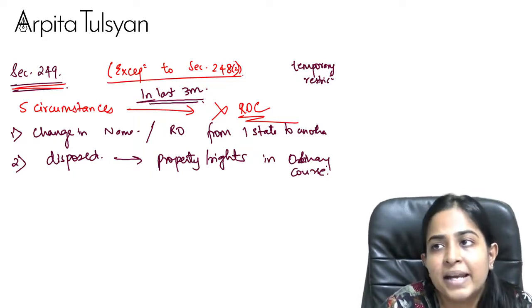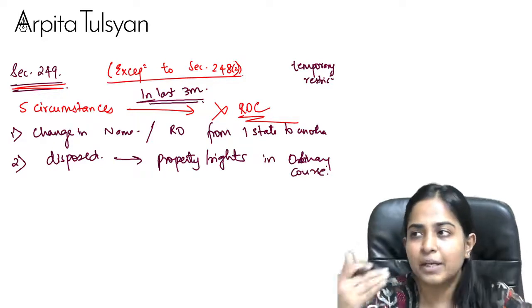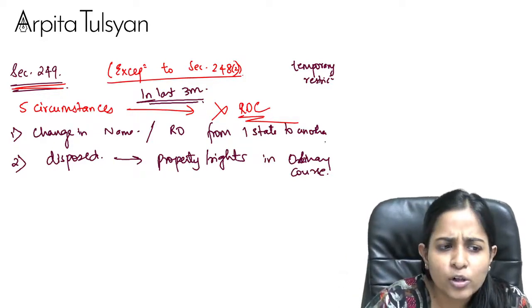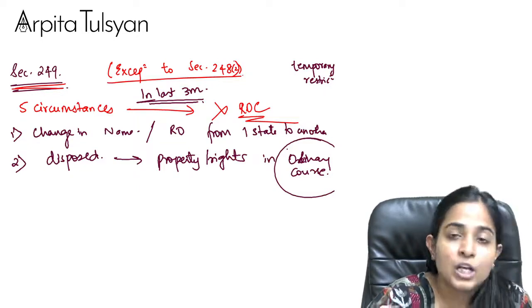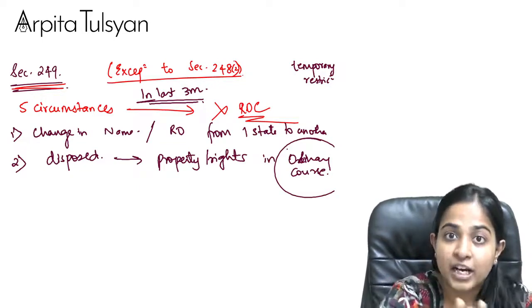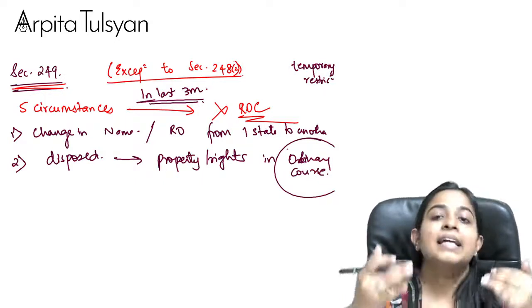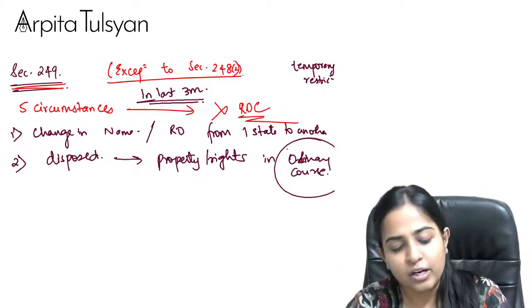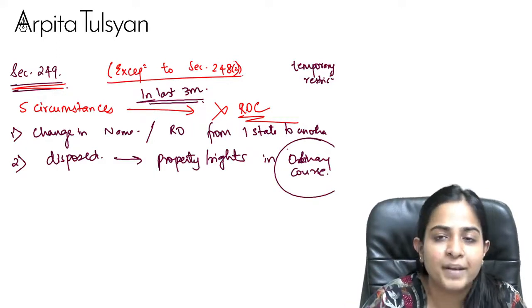But many a times it so happens that if the company wants to revamp or reconstruct itself, then also it sells off property or rights in ordinary course. So if you have done this major transaction, then wait for 3 months, then go and make an application for strike off. It's not that you cannot make an application, but just wait for a period of 3 months.